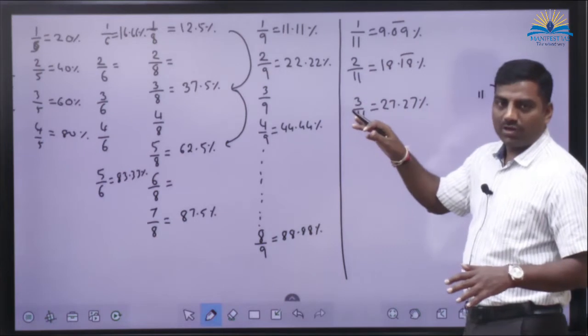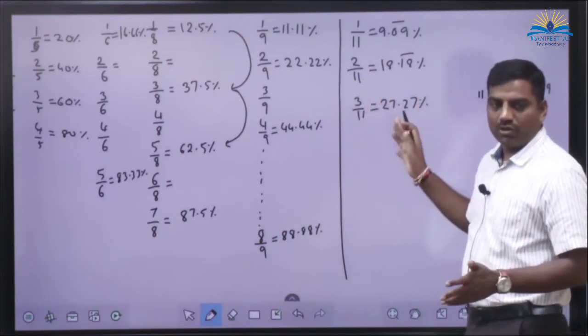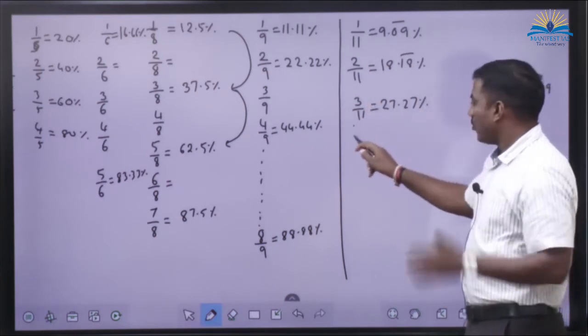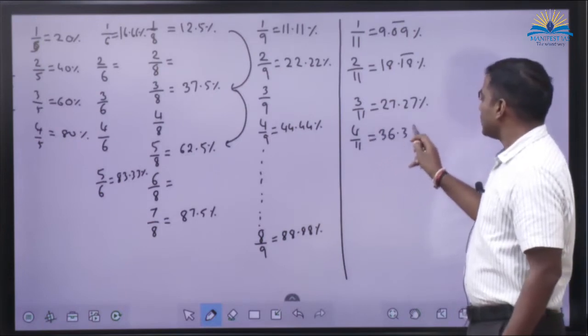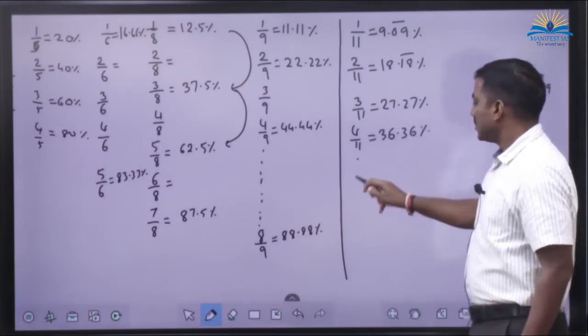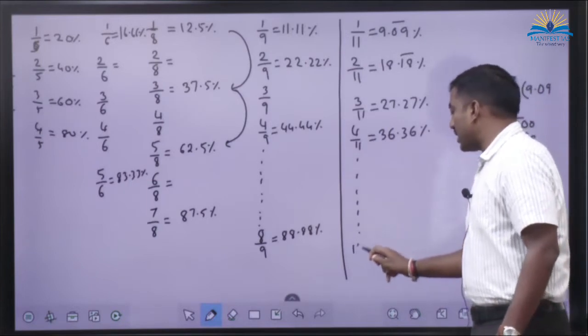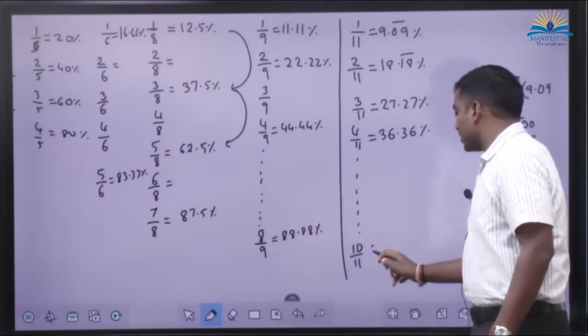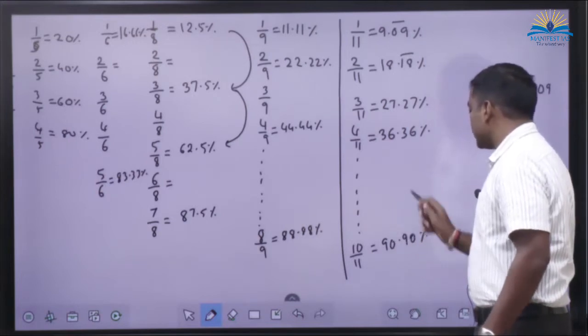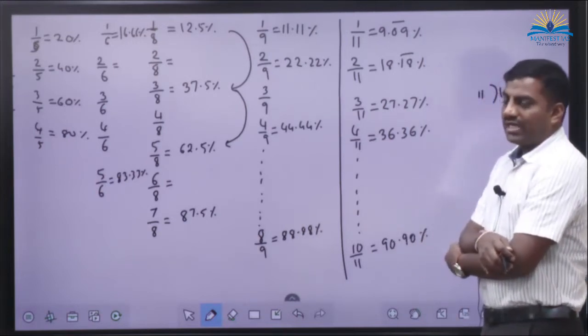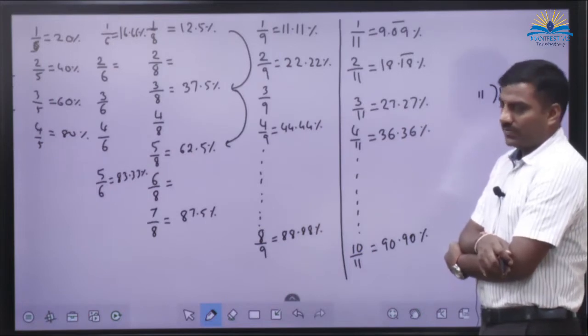Before the decimal point also same thing, after the decimal point also same thing. So 4 by 11 is 36.36%. Up to 10 by 11, this is 90.90%. Got it?